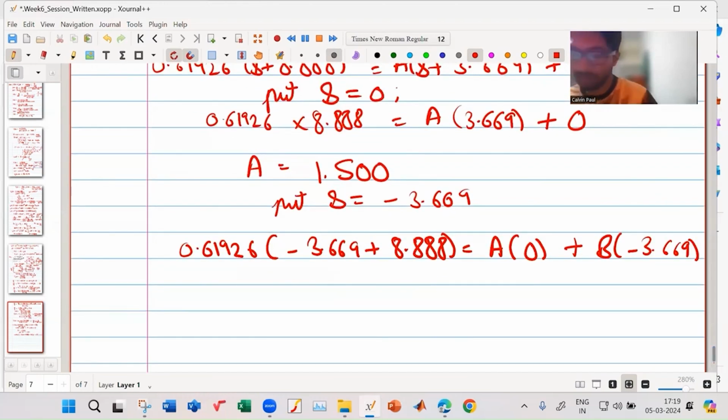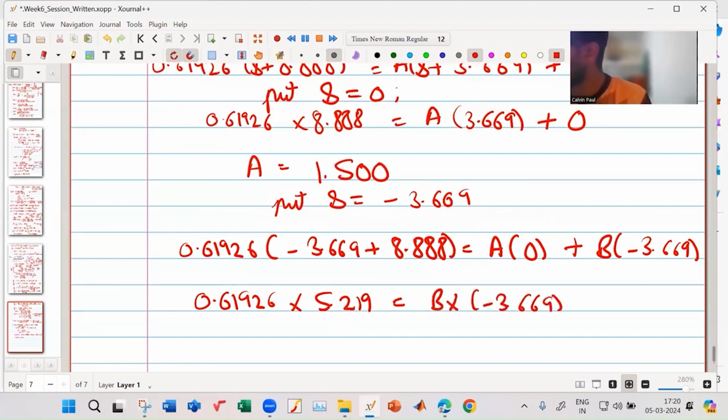That gives 0.61926 into 5.219 is equal to B into minus 3.669. So my B comes out to be minus 0.88087.